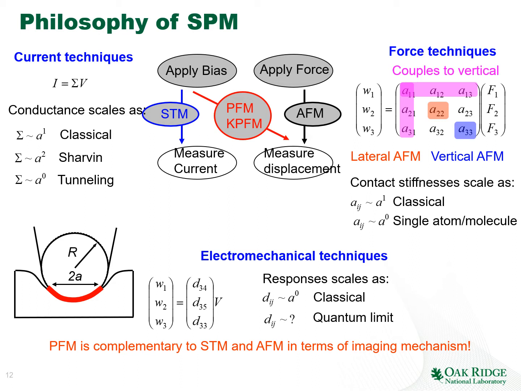Interestingly enough, for the electromechanical techniques, the signal is, in the zero approximation, independent of the contact radius. So this can be derived simply from dimensionality arguments. So there are two conclusions out of it. First of all, PFM is complementary to STM and AFM in terms of imaging mechanism. And secondly, PFM can be quantitative.